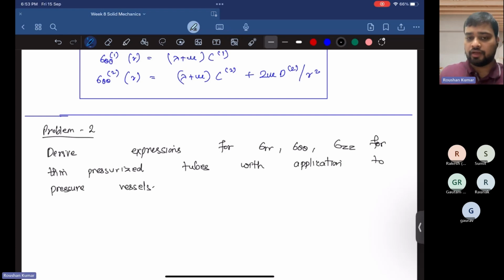We have already derived the expression for a pressurized tube with application to pressure vessel for the thick cylinder, but here we have to derive expressions for sigma rr and sigma theta theta for a thin pressurized vessel.